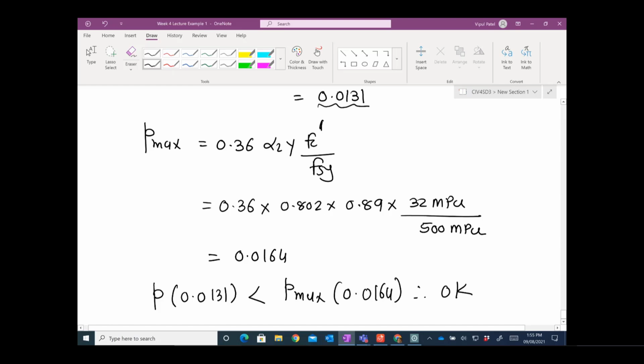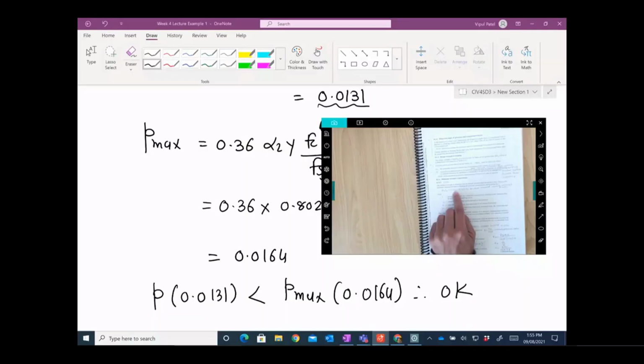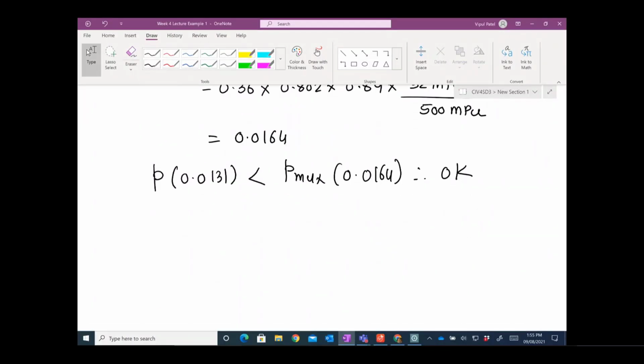Now, another check we need to make is the minimum flexural capacity. If you come back here, the minimum flexural capacity is 1.2 times Z fct.f. Please note this is P_e, and we don't need to consider the pre-stress force because we don't have pre-stress. So 1.2 Z fct.f.